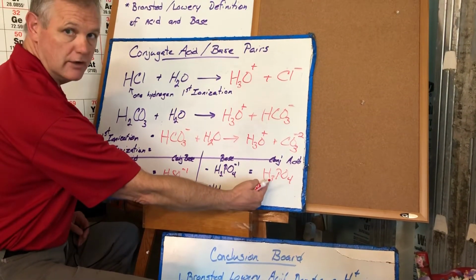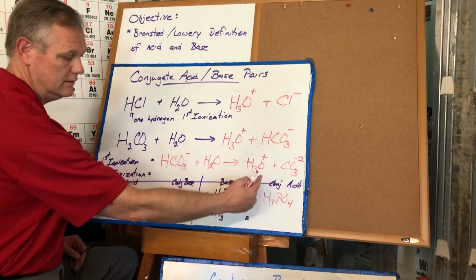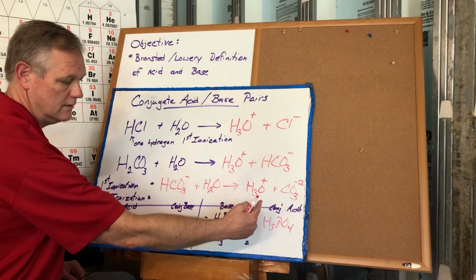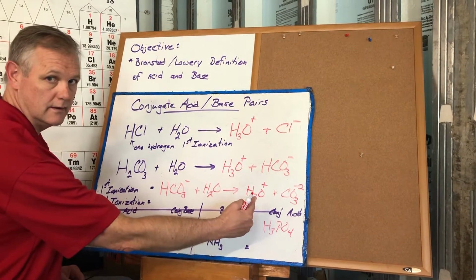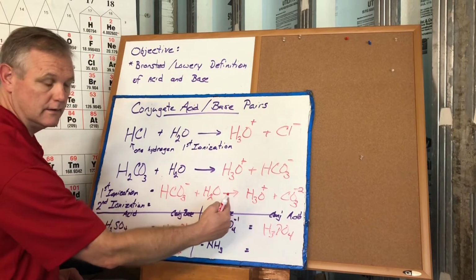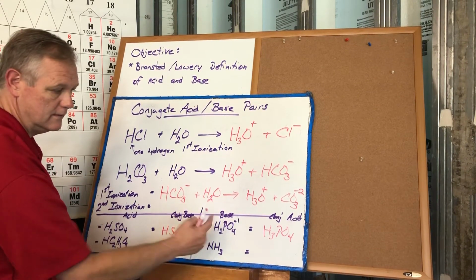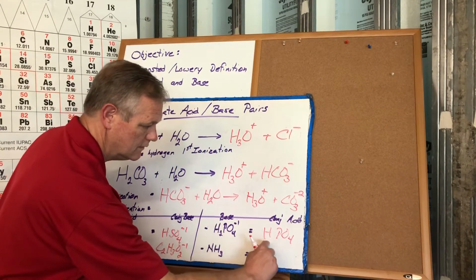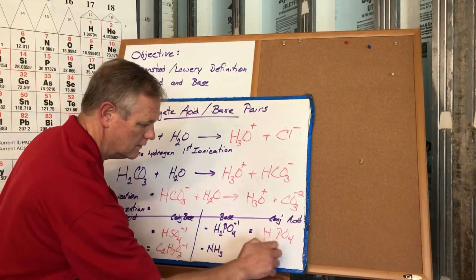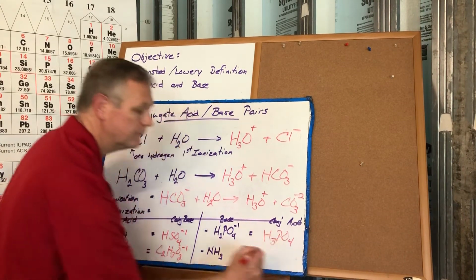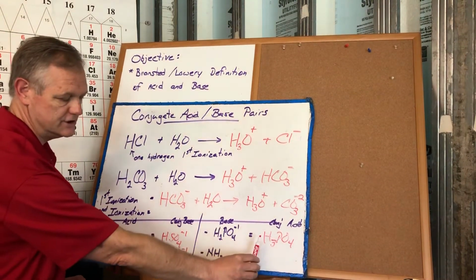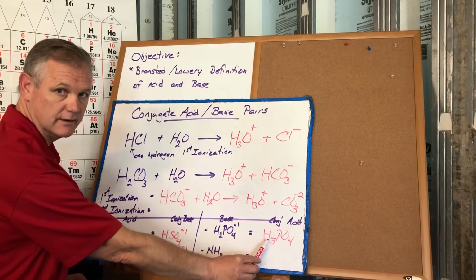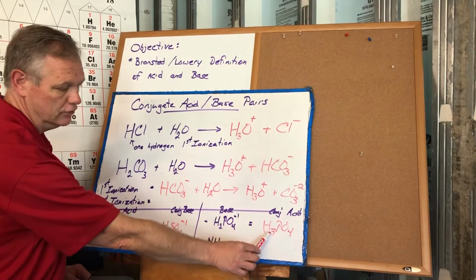So that one would donate, and if it donated... Let me go back over and do this one. Sorry, I just lost my train of thought for a second. If that donates, then you're going to lose one hydrogen here.